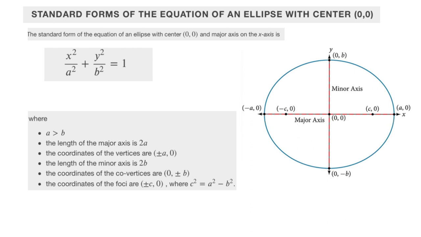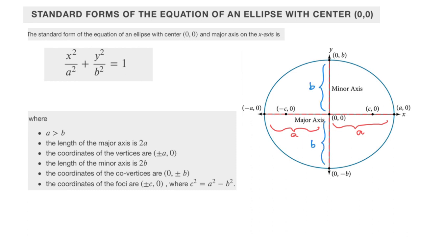The length of the major axis is the length from here to here. Since the center is 0, 0, the distance from 0, 0 to here is a, and to this end is also a, so a plus a makes it 2a. Similarly, the length of the minor axis is 2 times b, that is 2b.